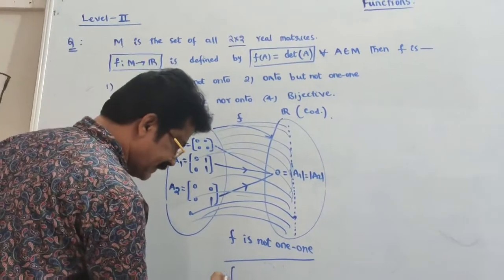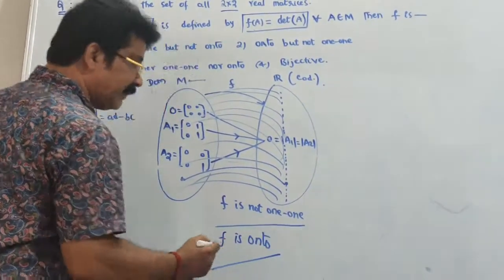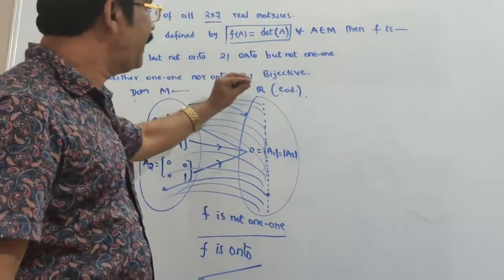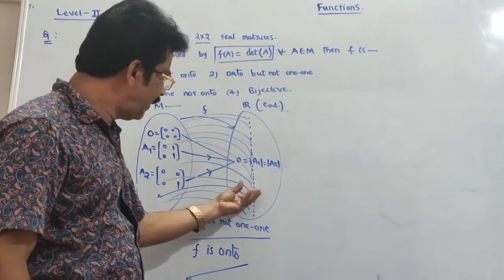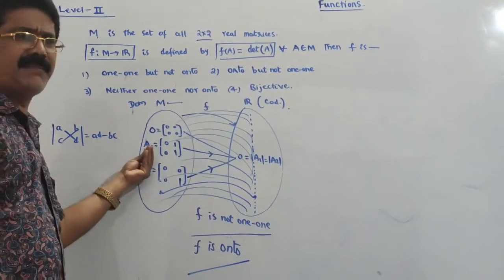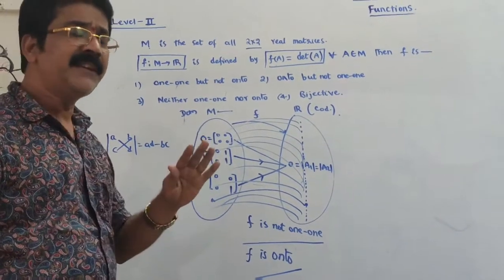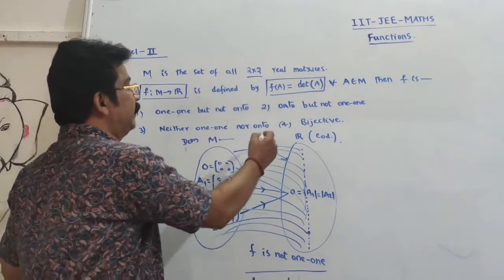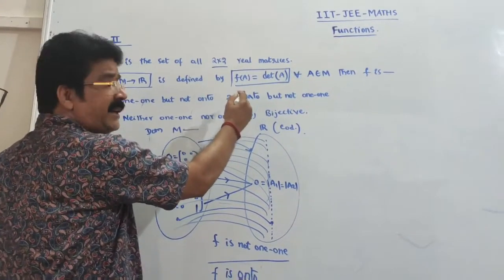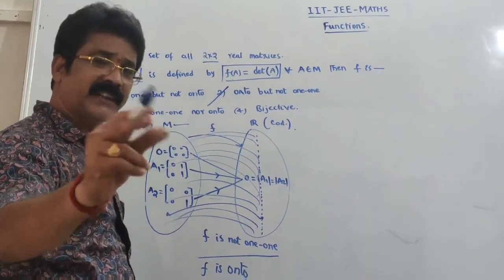Thus, f is an onto function. Onto means every real number is the image of at least one matrix in capital M. Thus, f is not one-one, but it is onto. So which option is right? It is onto but not one-one. The second option is right.